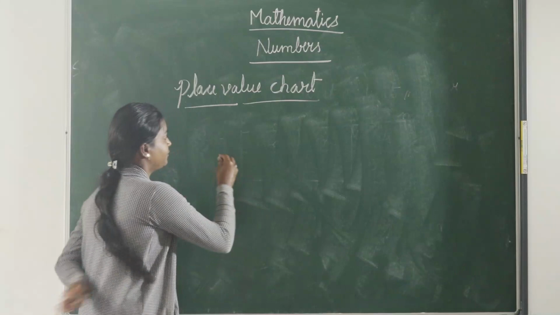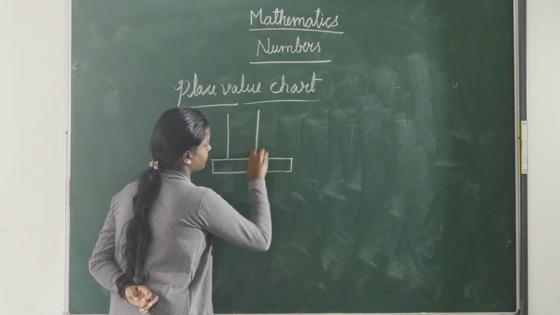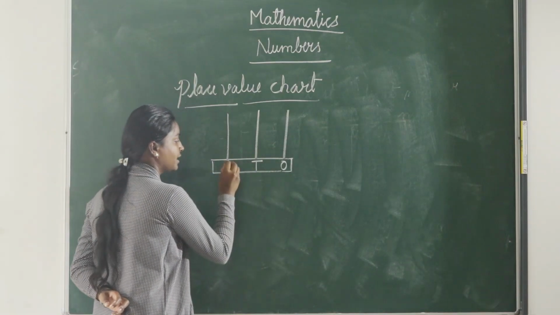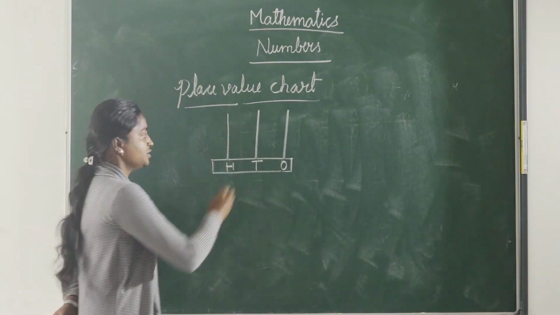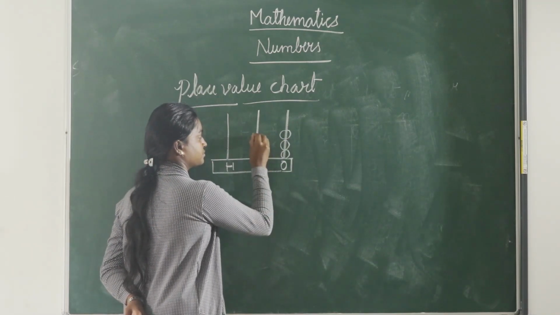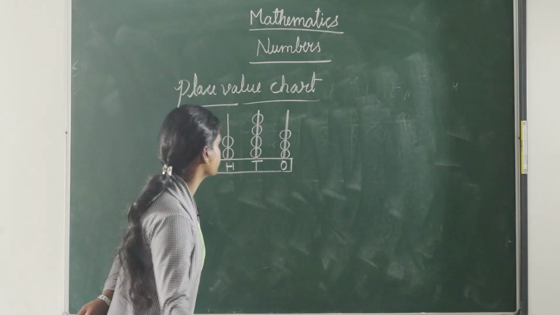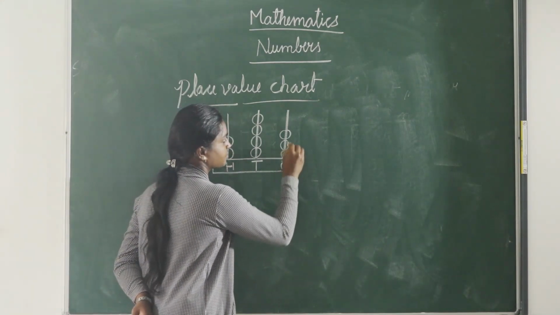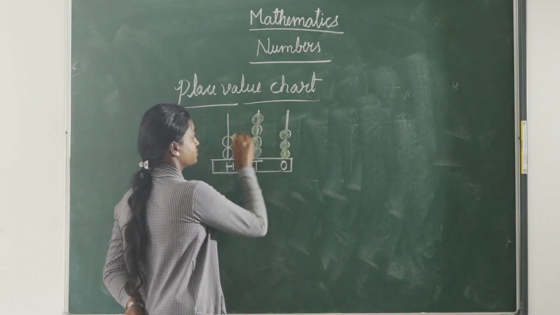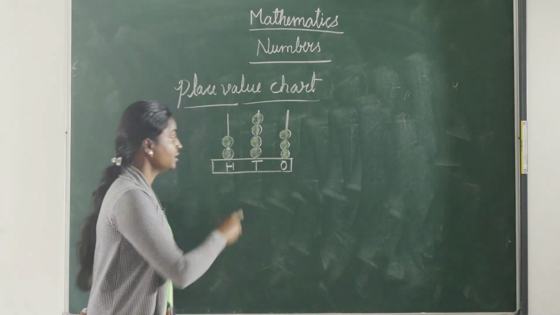For example, if I take this, here it stands for ones place, tens place and hundreds place. So here they have given some beads. Now we want to write this as a number.